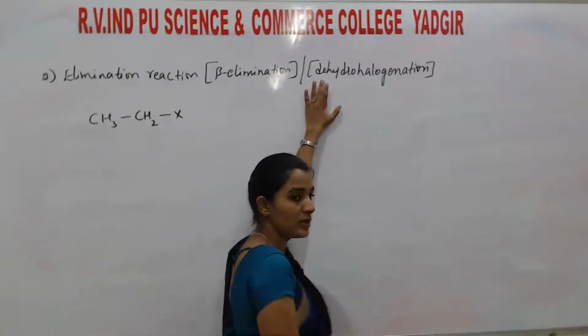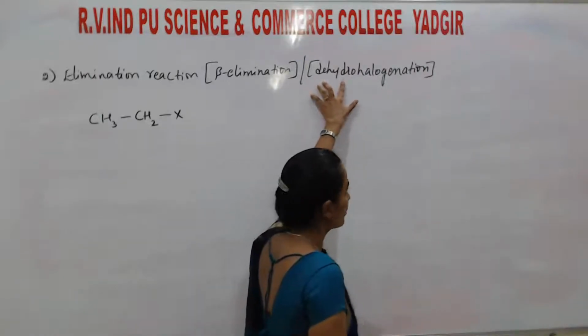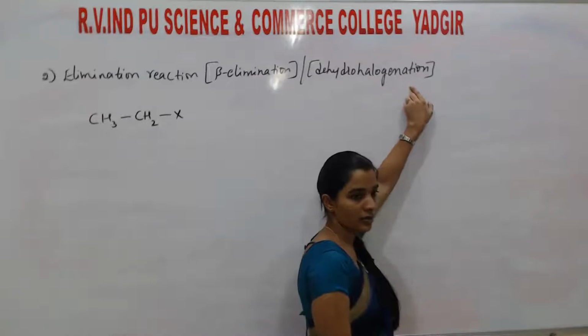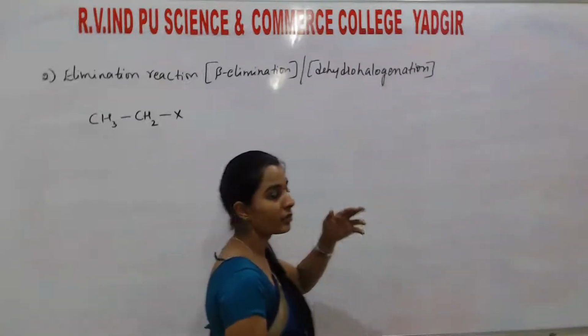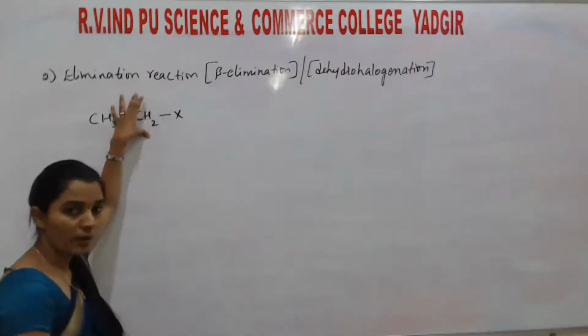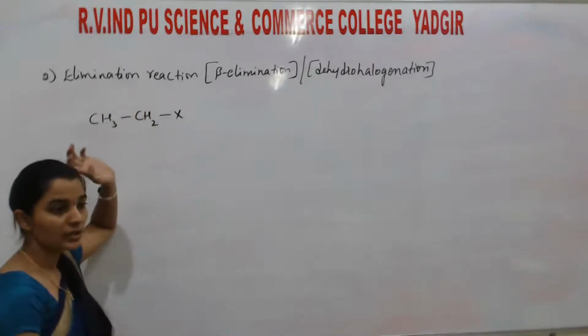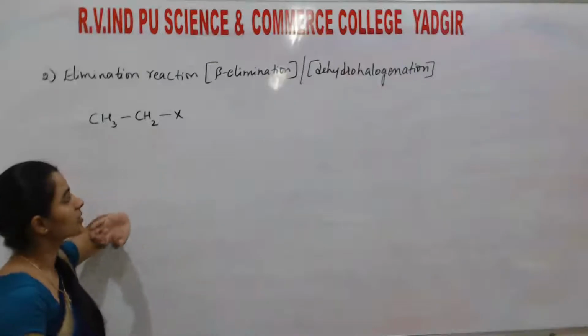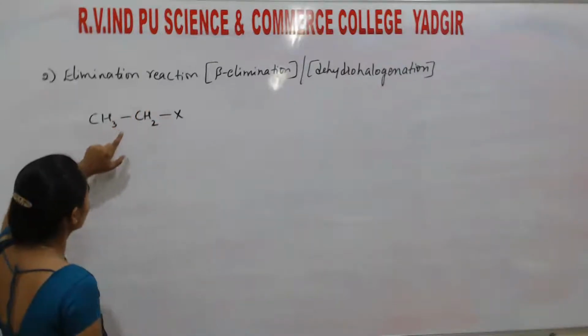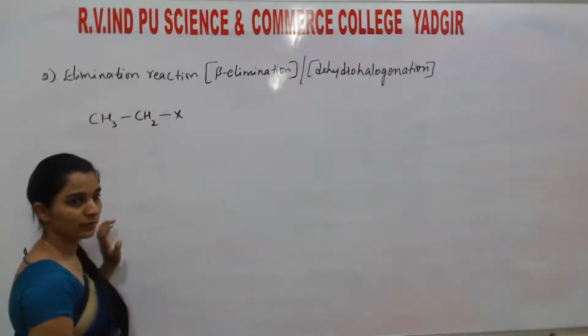Dehydrohalogenation means de means removal, hydro means hydrogen, halogen means halogen. So removal of halogen and hydrogen from this molecule is called elimination, dehydrohalogenation. Nothing but elimination means here X is there and one H will be removed.